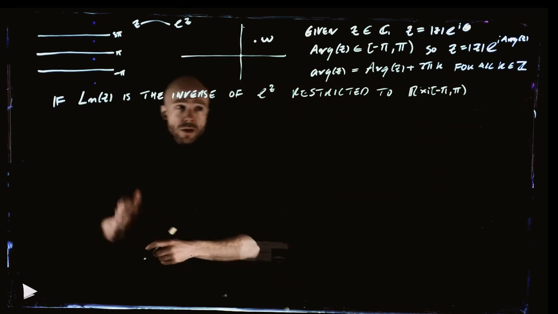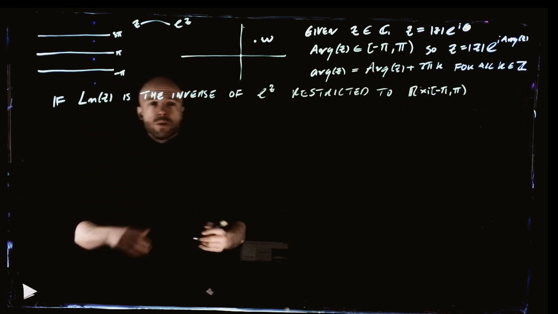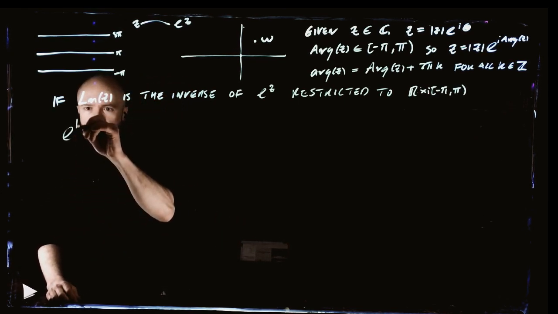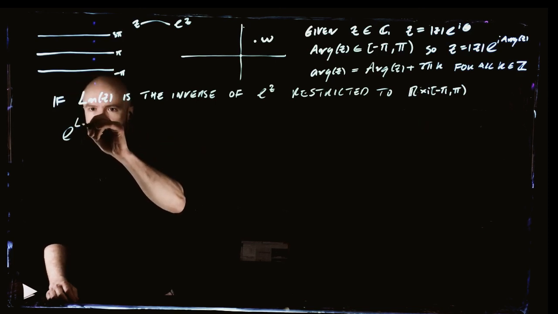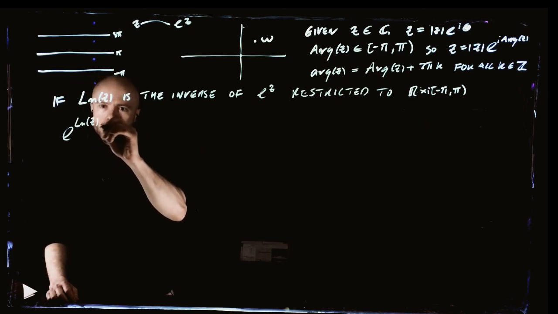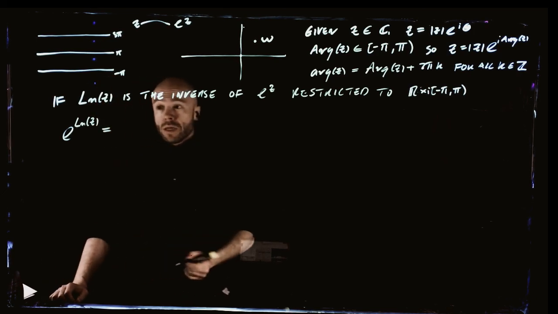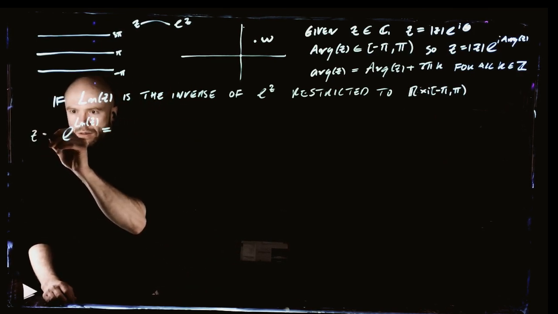Then what properties will it have? Then it has to have this property that e to the log of z has to be z itself again, right?